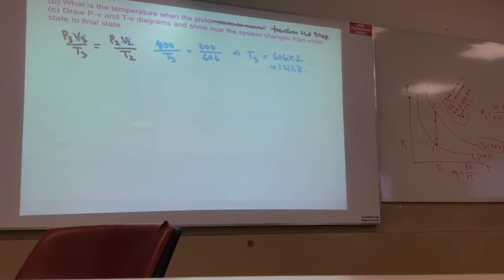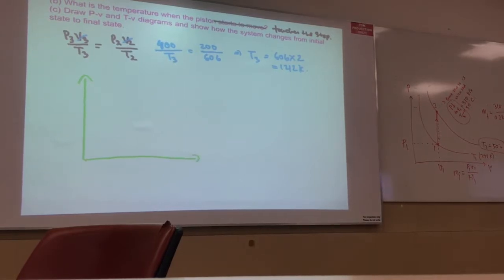What is the PV diagram? This is P1. This is V1.